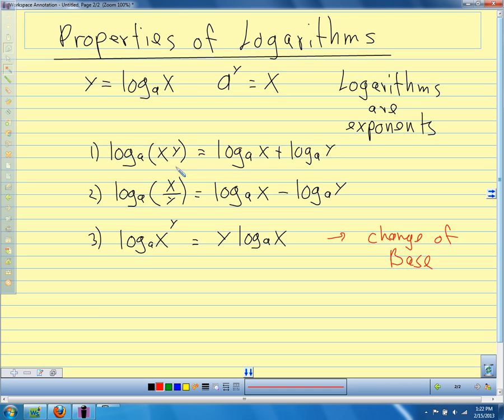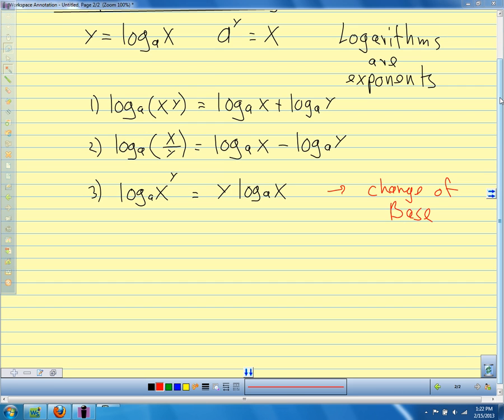All right. So let's use this last property of logarithms, and we'll see why the change of base formula works.